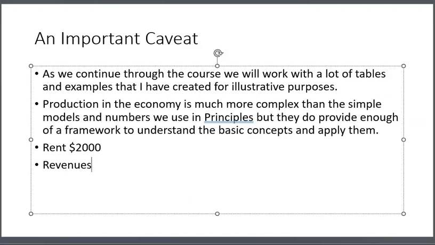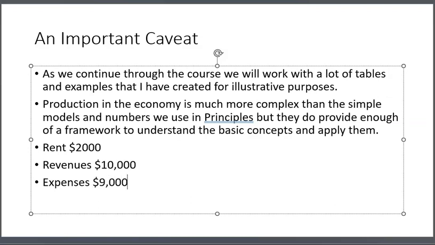We collect revenues each month of, let's say, $10,000. And then we have monthly variable expenses and fixed expenses, I suppose. Just non-rent expenses, what I'm driving at, are $9,000.